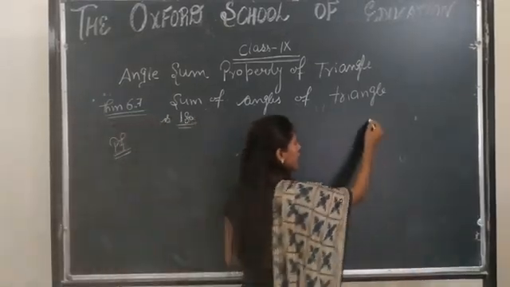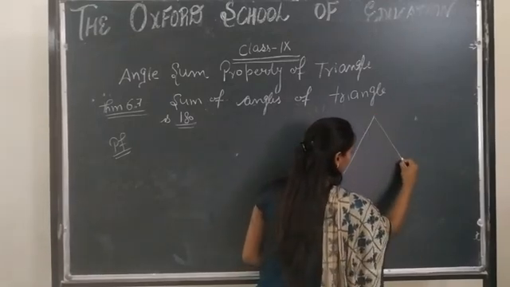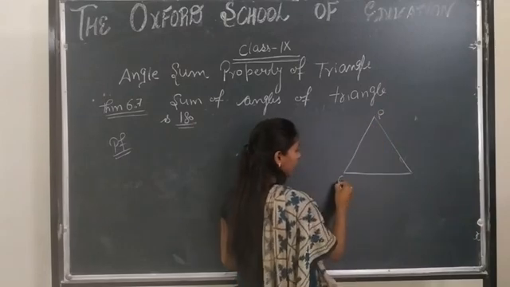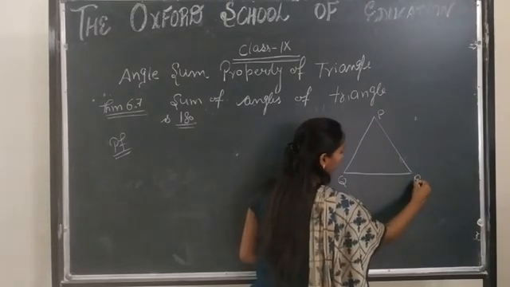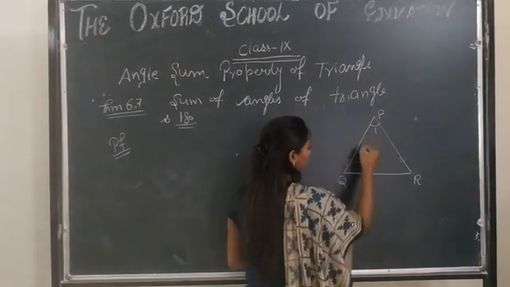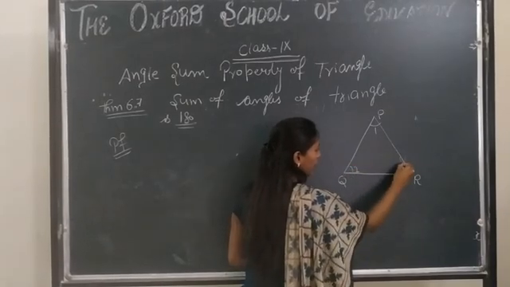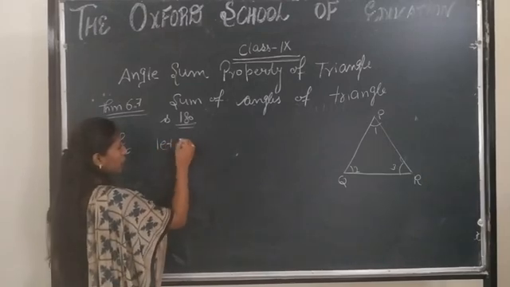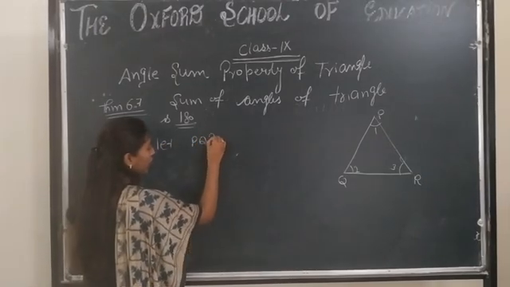First of all, let's draw the diagram. Name it as P, Q and R. Angle 1, angle 2 and angle 3. Let PQR be a given triangle.